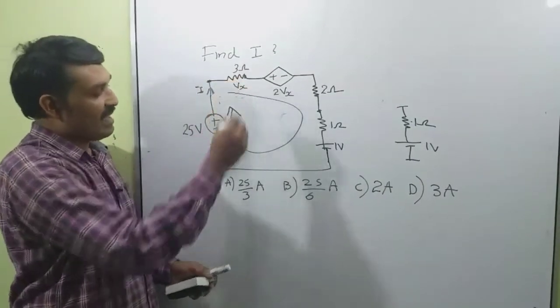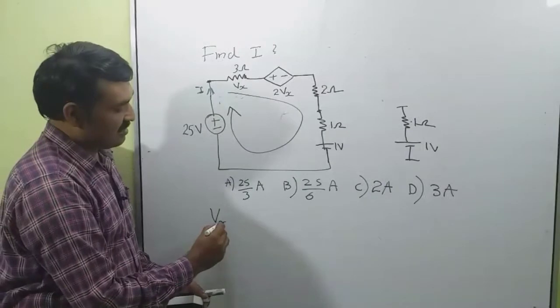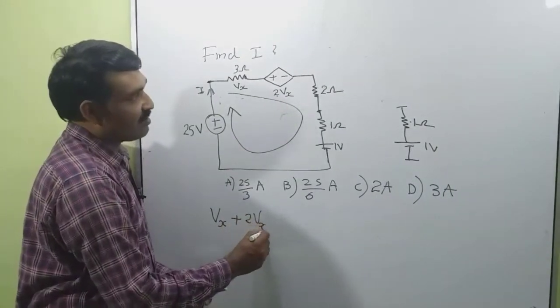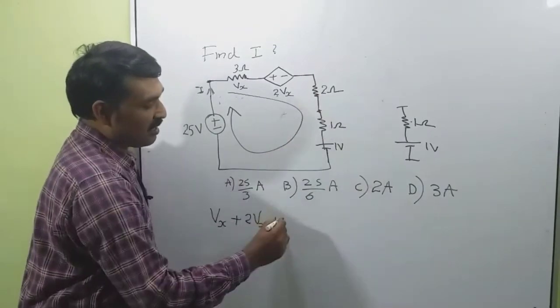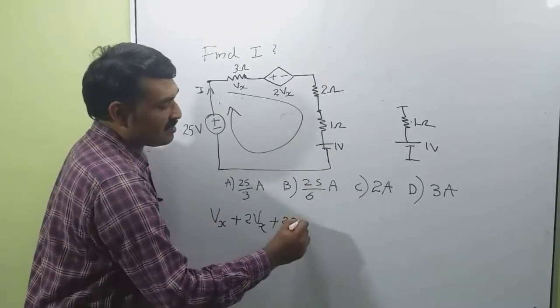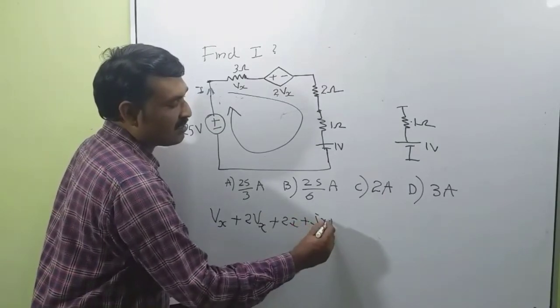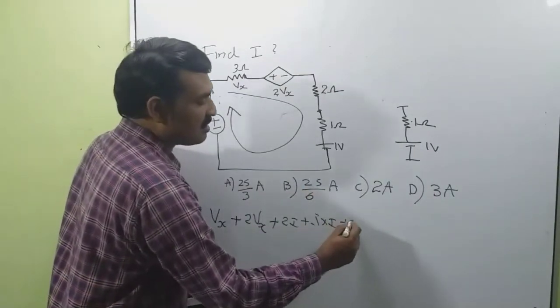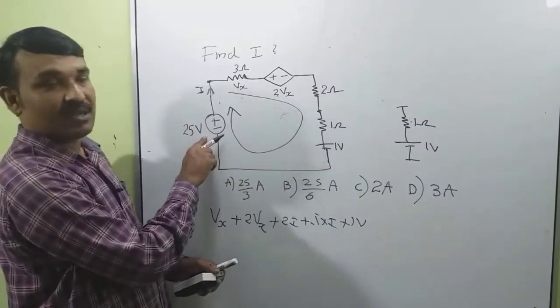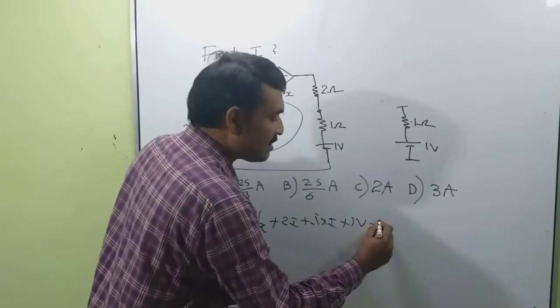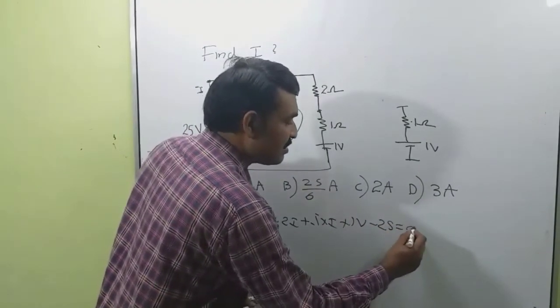So this is Vx. Vx plus 2Vx plus 2 into I plus 1 into I, then plus 1 volt minus 25. So we are moving from lower potential to higher potential. That is minus 25 is equal to 0.